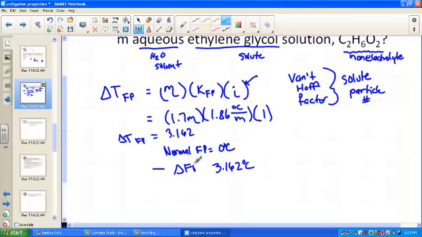This is my change in the freezing point, if you will. The new freezing point is 0 minus 3.162, or negative 3.162 degrees Celsius. My solution will freeze at negative 3.162 degrees Celsius.